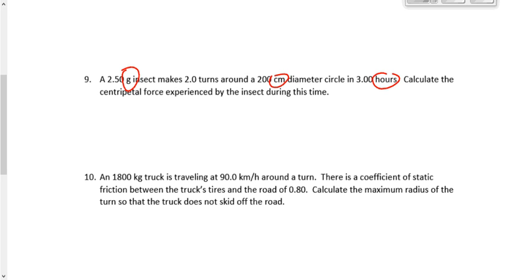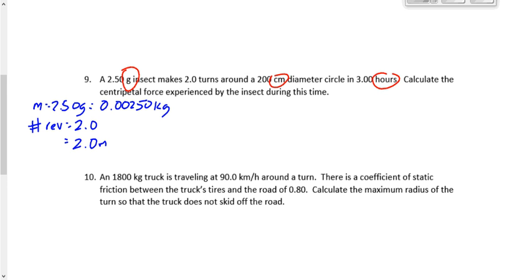Let's write down some givens here. My mass is 2.50 grams, which I convert to kilograms, divide by 1,000. I end up getting 0.00250 kilograms. The number of turns, or the number of revolutions, is 2.0. 200 centimeters, I'm going to convert that to meters, right? 2.0 meters, what's that?